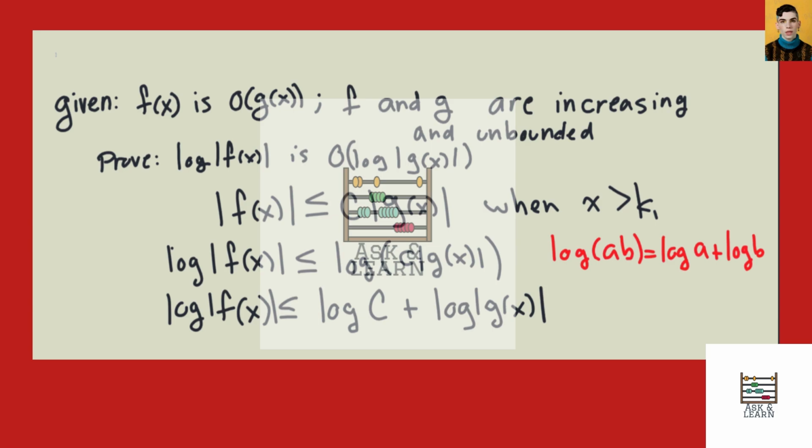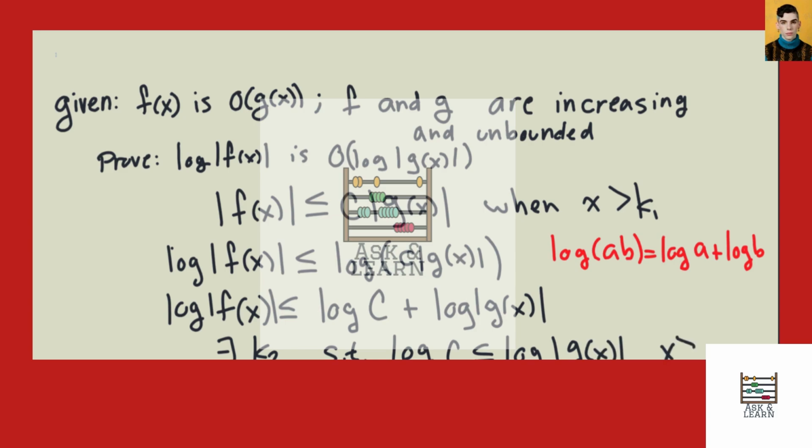Well, of course, c is a constant. Right? And since c is constant and g is increasing and unbounded, then we know that there exists some k2 such that for all x greater than k2, the log of c is less than or equal to the log of the absolute value of g.